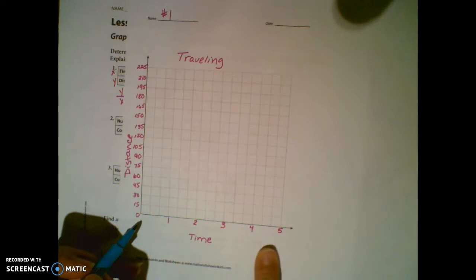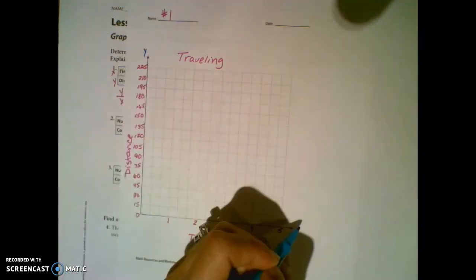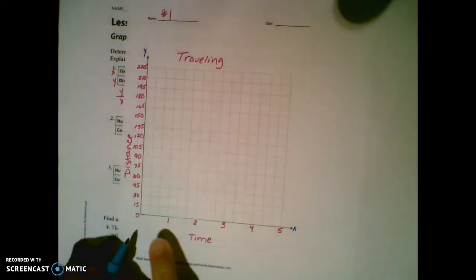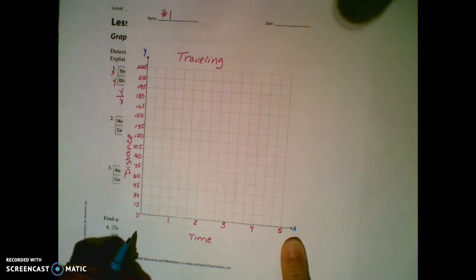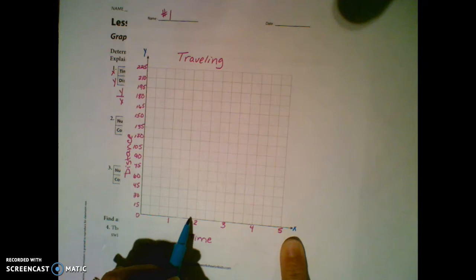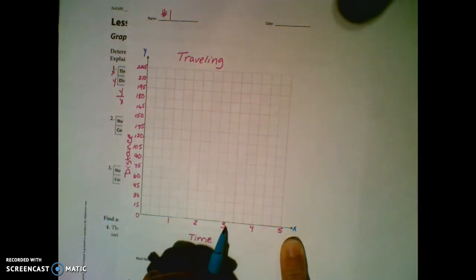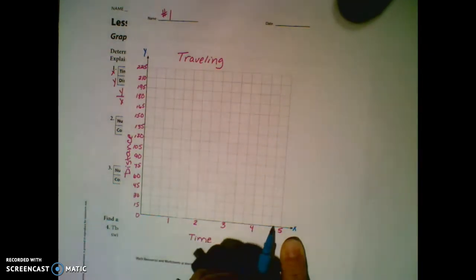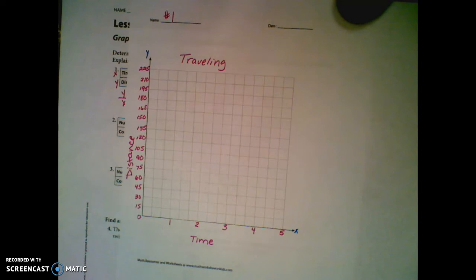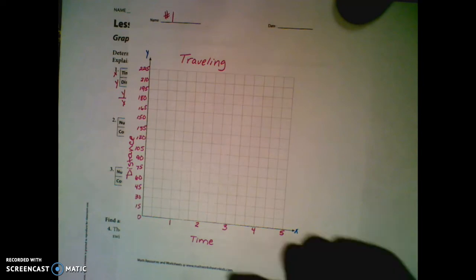Now, these are my y values, and when I did my x values, I spaced them out, skipping 3 squares between each value. So a couple things to note when you're making a graph.